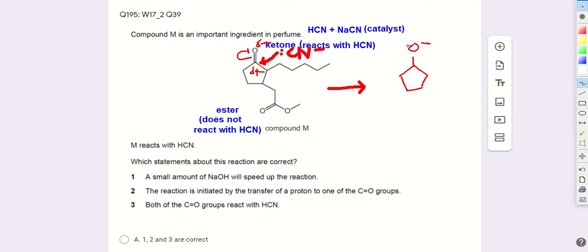O now has a negative charge with lone pair electrons. Then we have C bonded to the new incoming CN. The rest are the same.